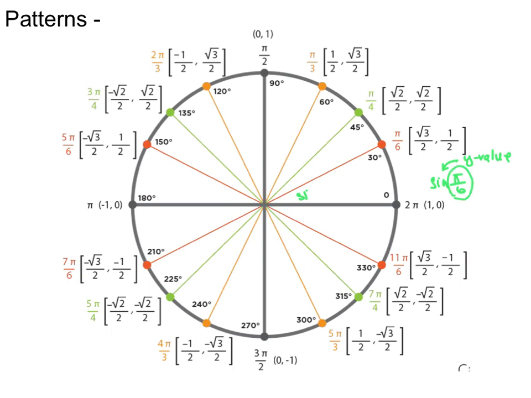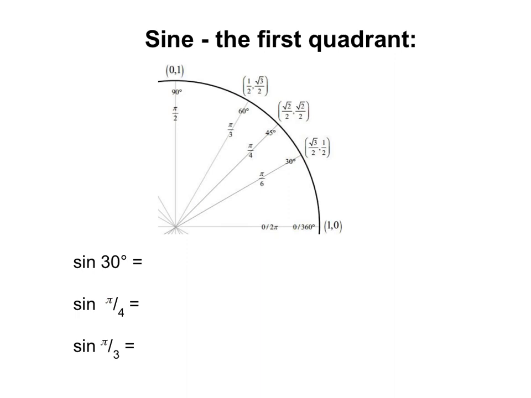So you are now going to find where theta is equal to pi over 6. And that's right here. And you are then going to determine what the y value is at the point, which is 1/2. So if I ask you the sine of pi over 6, you are going to tell me it is 1/2. And that's what we're going to practice doing throughout this video.